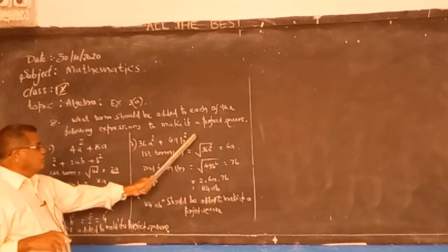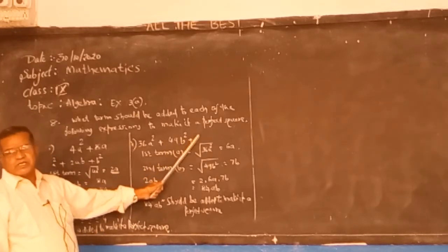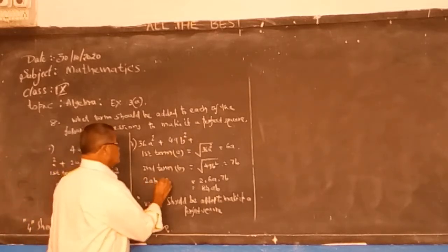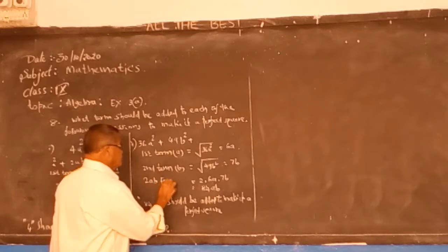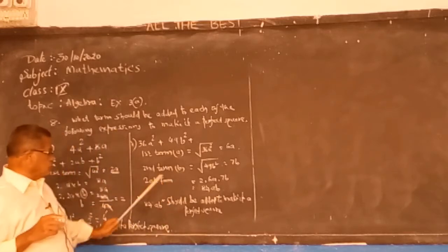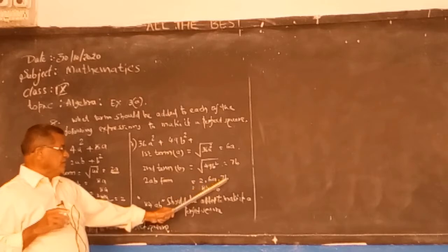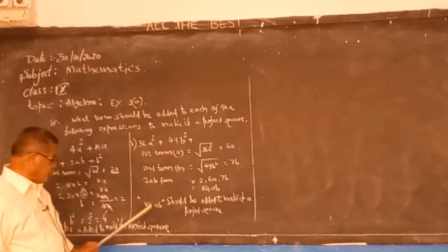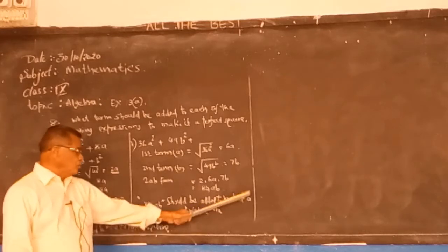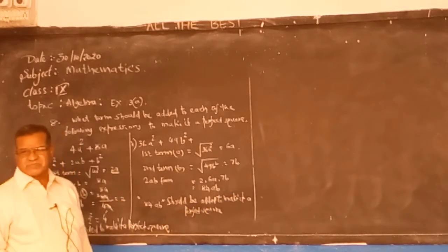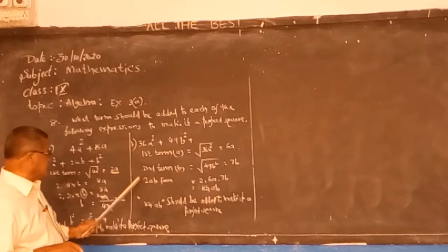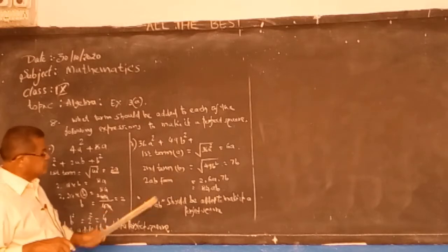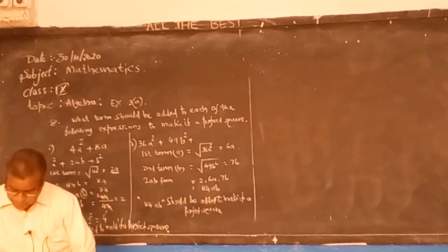We have to add the 2ab form. 2ab is equal to 2 into the first term 6a into 7b. So 84ab should be added to make it a perfect square. Generally we take the first term as a and the second term as b. Third question.